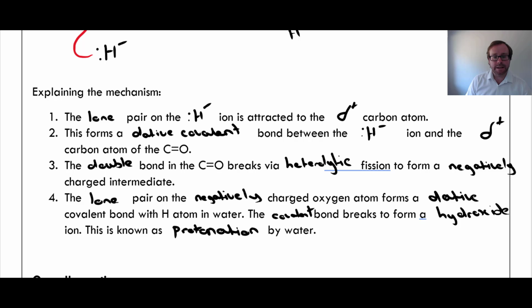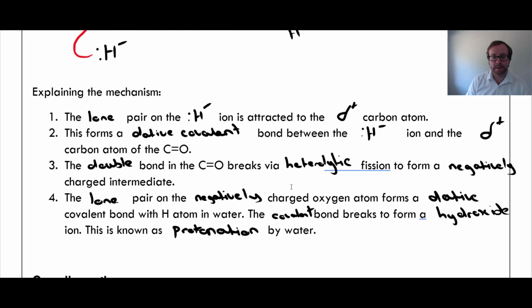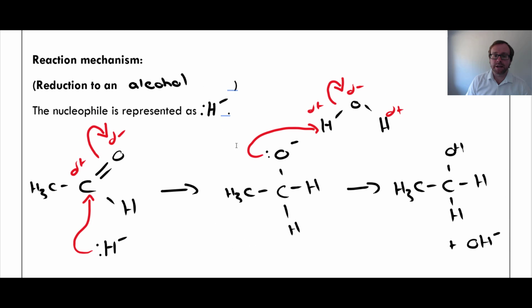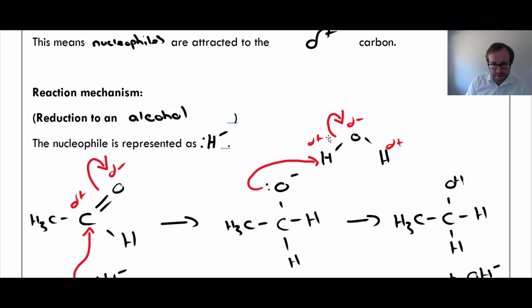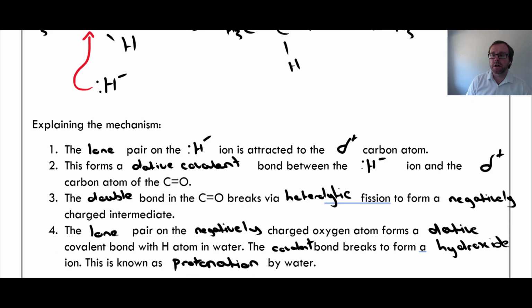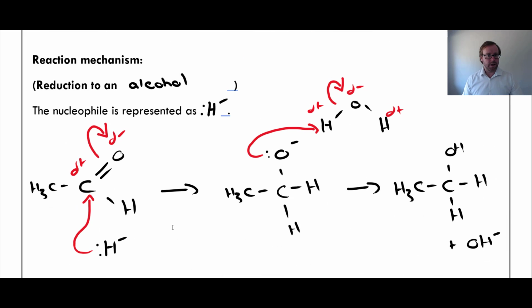The lone pair on the negatively charged oxygen atom, so here's my oxygen atom, forms a dative covalent bond with the H atom in water, so that's here. The covalent bond in the water breaks and forms a hydroxide ion, and obviously my product here.